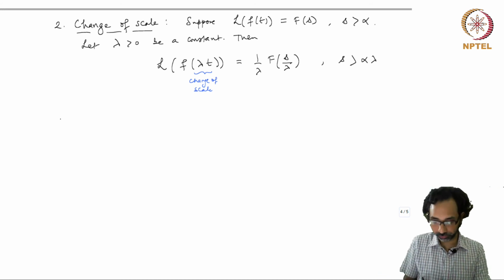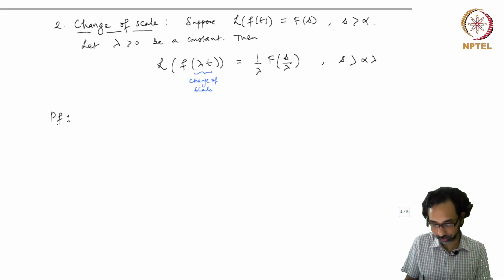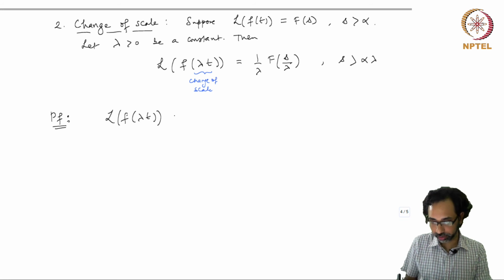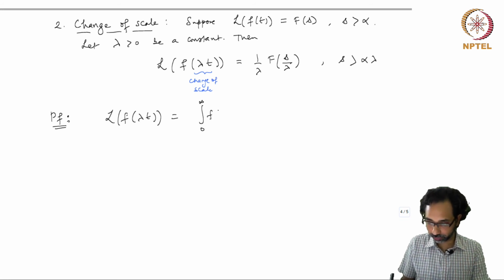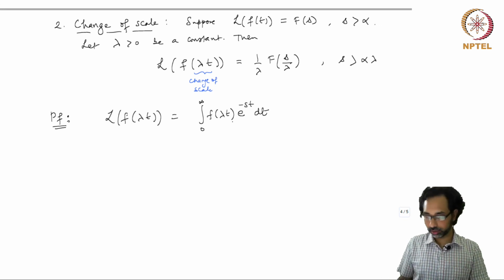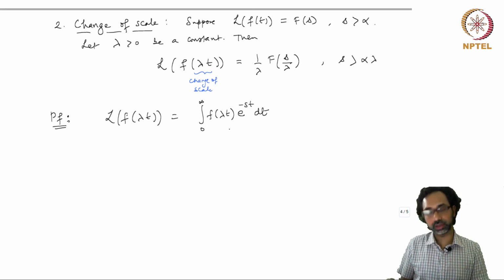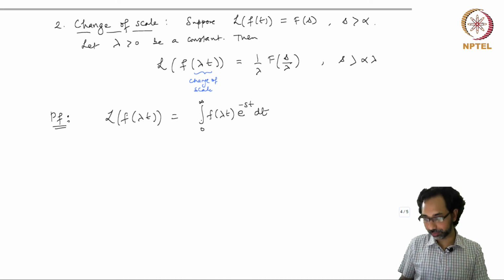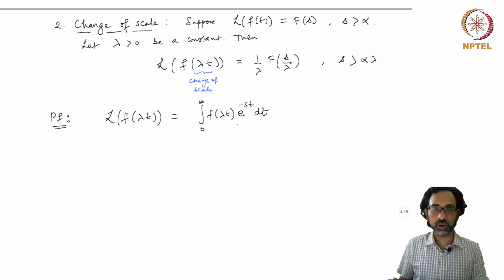So let's see a proof of this property. We can start with the Laplace transform of f of lambda t. This is by definition the integral from 0 to infinity of f of lambda t exponential minus st dt. One can use improper Riemann integrals and write the limits, etc., but since now it is clear what it should be, I am just writing 0 to infinity for shorthand notation.